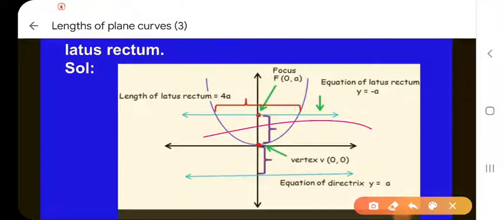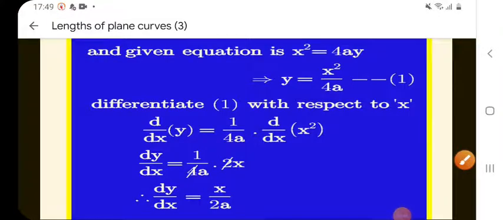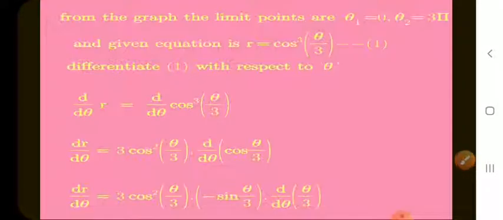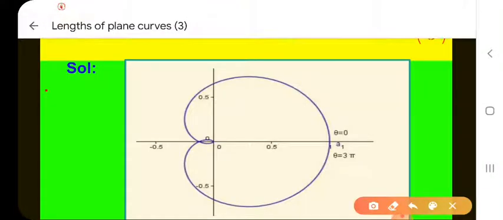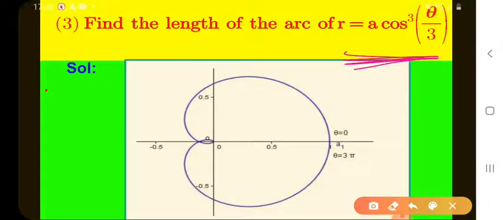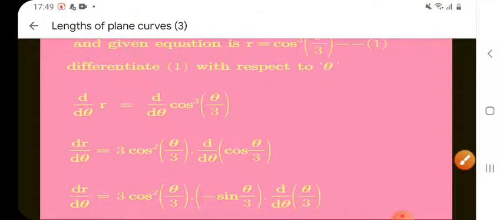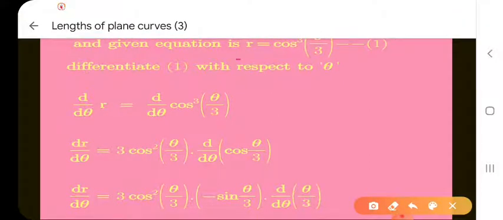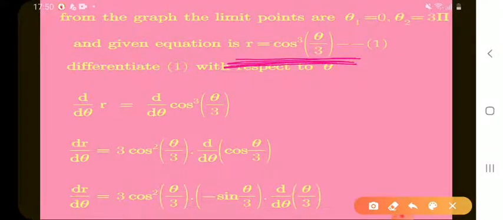See here, what is our equation here? R equals a cos cube theta by 3. Okay. See, our equation is R equals cos cube theta by 3, and the limits from the graph are theta 1 equals 0 and theta equals 3 pi, the limits of the given equation.